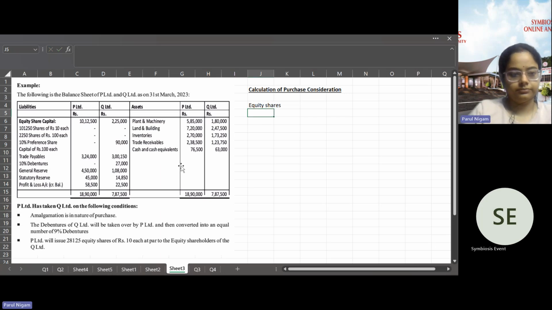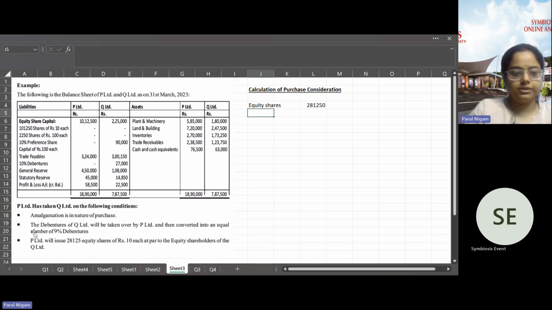Equity shares, 281,250. How have I calculated that? You can see this last point: P Limited will issue 28,125 equity shares of rupees 10 each to the equity shareholders of Q Limited, so 28,125 into 10. Then we have these preference shares which we are going to issue.